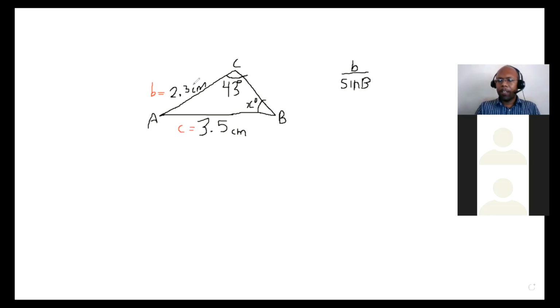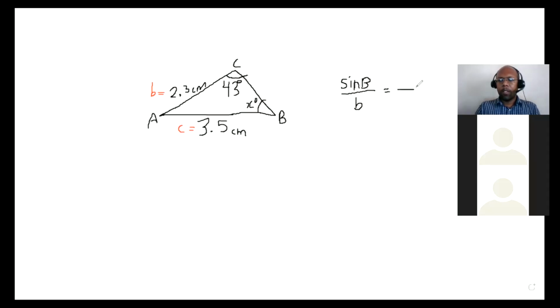We have that, right? So we don't want to set it up like this. What we're going to do is put the little b at the bottom because we have that already. So we're not looking for that. You only put on the top the things you're looking for. Right now, I don't know what B is, so I'm going to put that at the top, okay, guys?